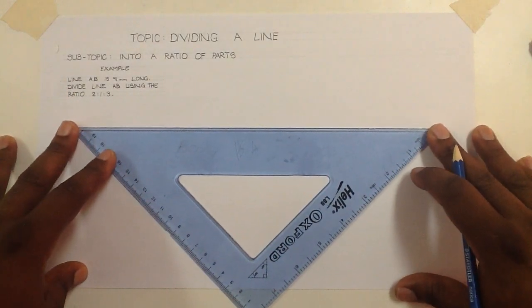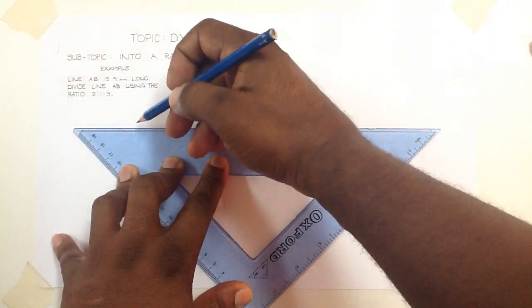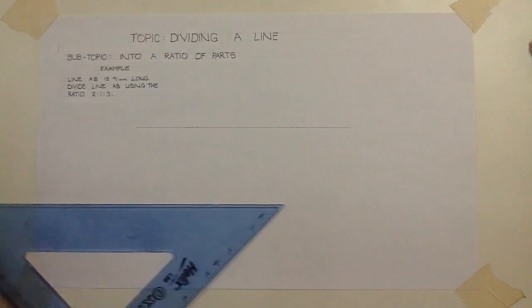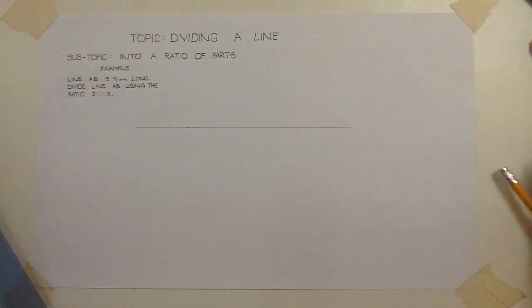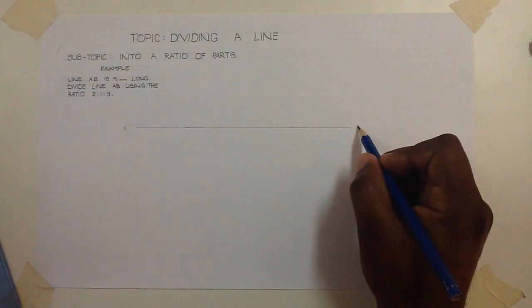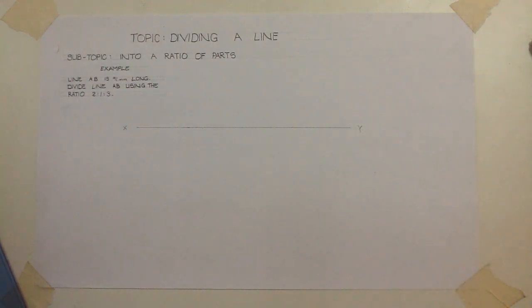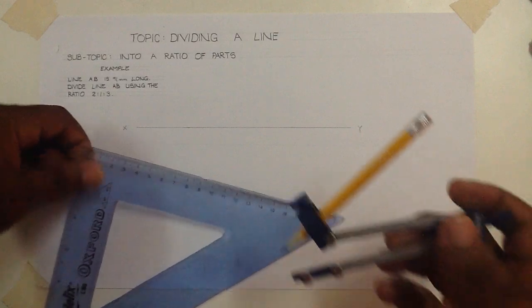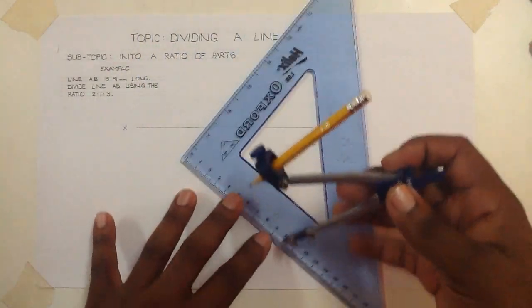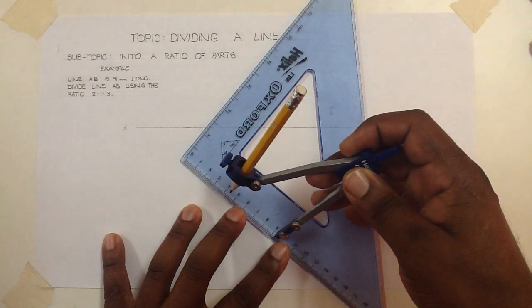I'd like to begin with a construction line. In this line, I will label X and Y. And from XY, I will identify my line segment 91 millimeters.